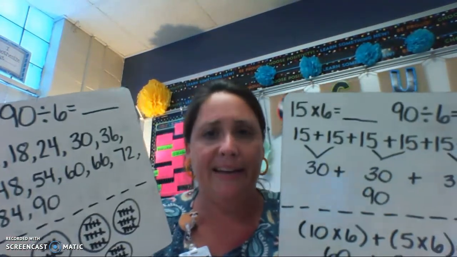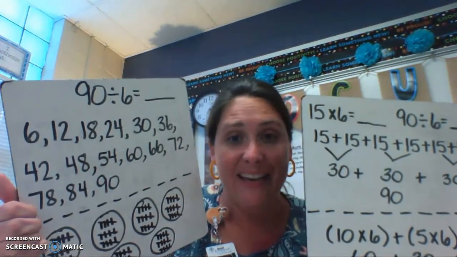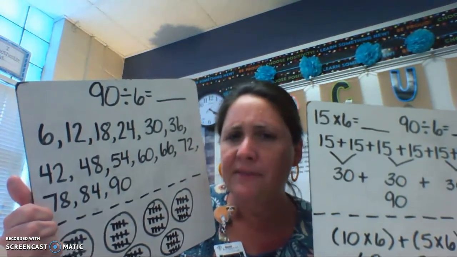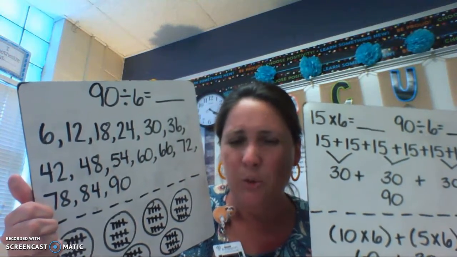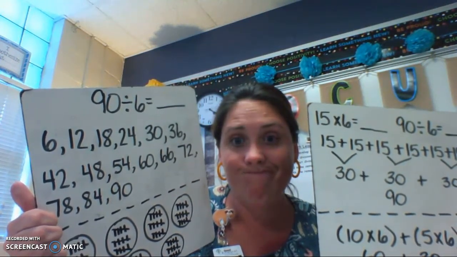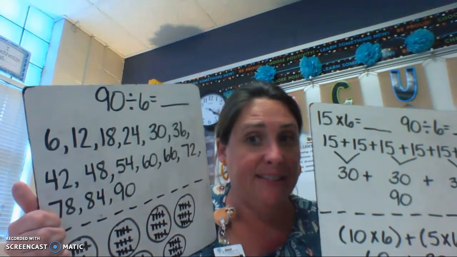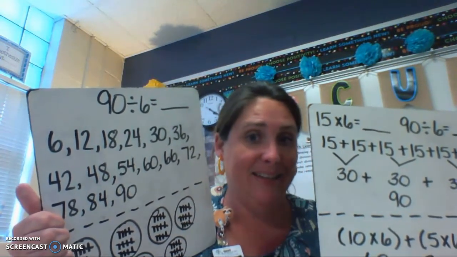Okay, so let's think about this. If 15 times 6 equaled 90, and 90 divided by 6 equals 15, do we see anything that's the same? Well, I see that I'm using the numbers 15, 6, and 90.